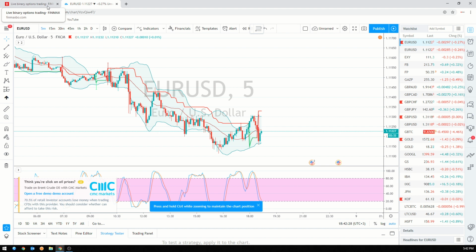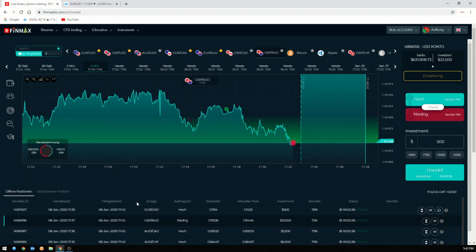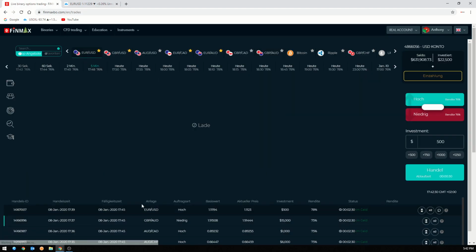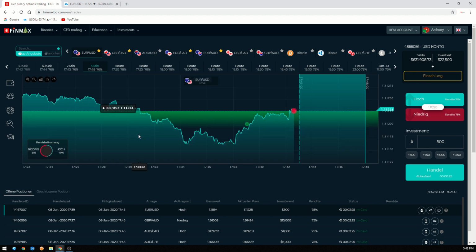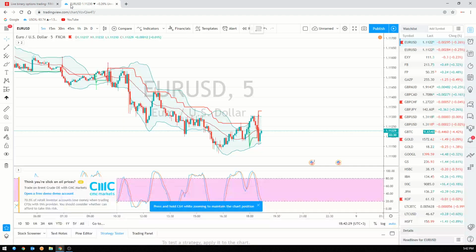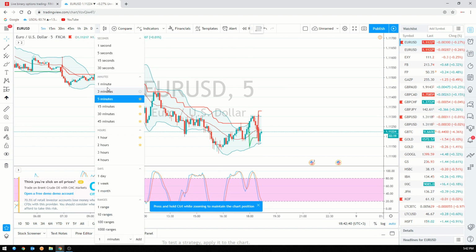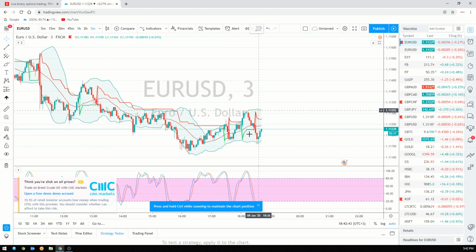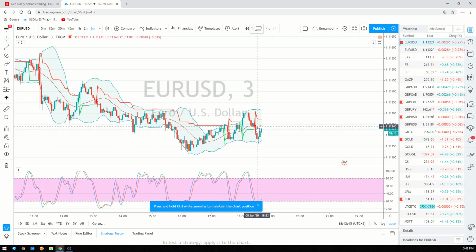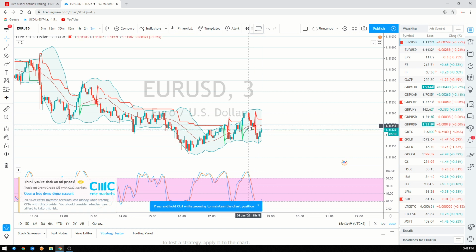Okay, EUR/USD started to change direction as you see from the chart. Let us take a look at the 3 minute chart. Let's say it's more visible. We can have here the two shoulders, and it goes in our direction.